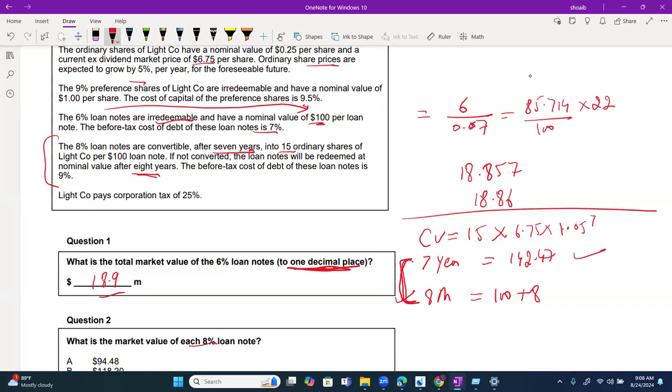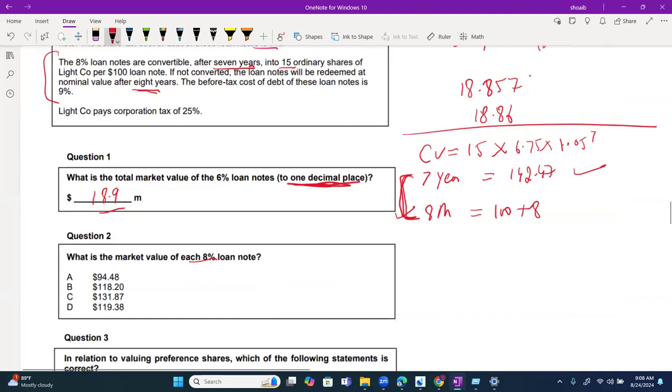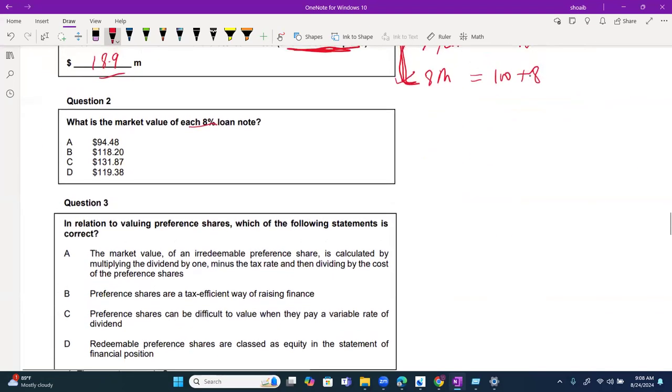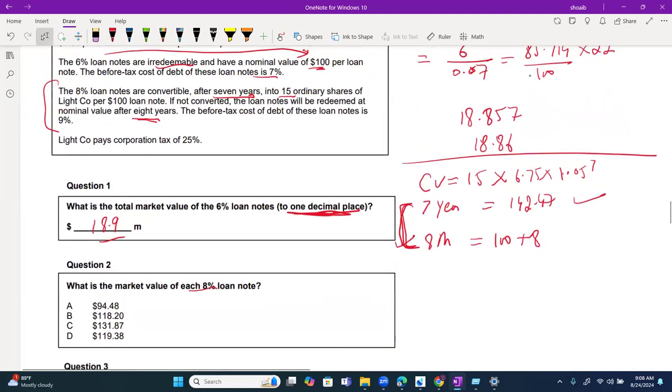So common sense, no? Why, sir? Conversion value is already at 142 in year 7. And in redemption, you will get 100 plus 8. So if you take the present value of this for 1 year, obviously it would be lower. It is still lower. So now let's solve it.